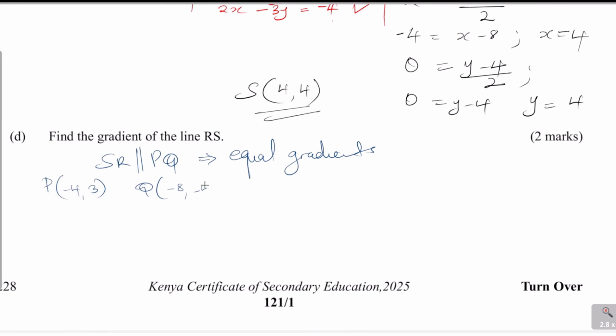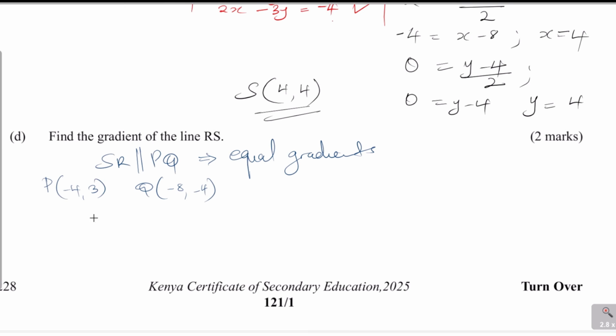When you get the gradient of PQ, it will be the same gradient for SR. The gradient of SR is equivalent to the gradient of PQ because those two lines are parallel to one another, and parallel lines have equal gradients.